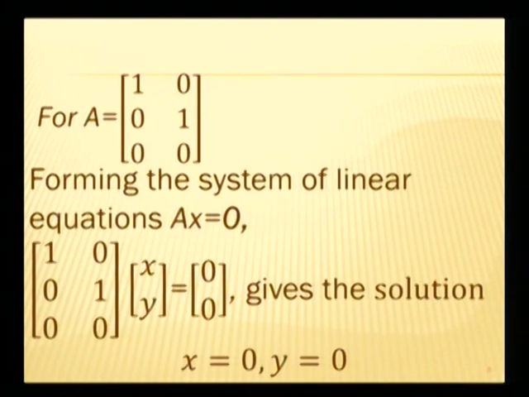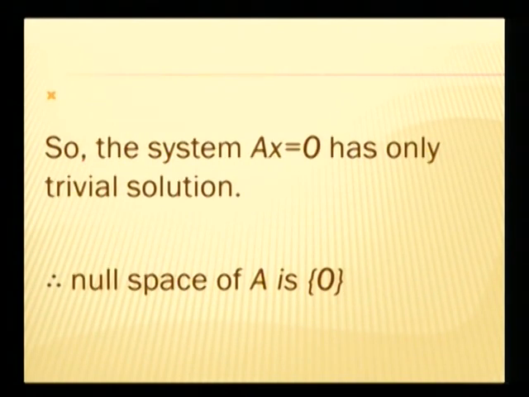So for the matrix, we write the system of linear equations Ax = 0, and we can see that here the solution we get as x = 0 and y = 0. So the system Ax = 0 has only trivial solution, and therefore we say that the null space of A has the 0 vector only, and so the dimension of null space is 0.